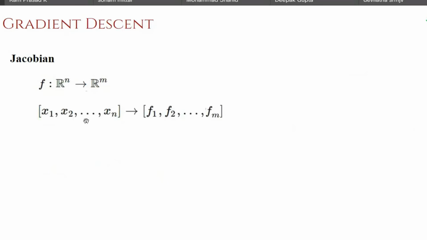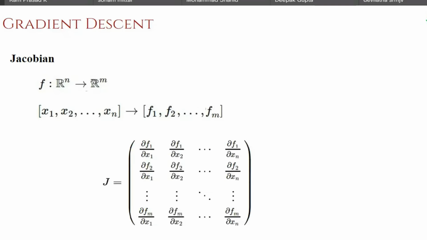So this is a function which takes multiple inputs. Say for example, it takes n inputs and it gives m outputs. So these are m output values. So output is a vector of values. So if you wanted to take first order differential of such a generalized multivariate function, which takes n inputs and gives m outputs, we have to apply partial derivative on every individual output you get.